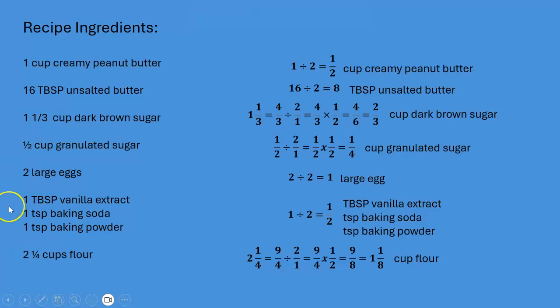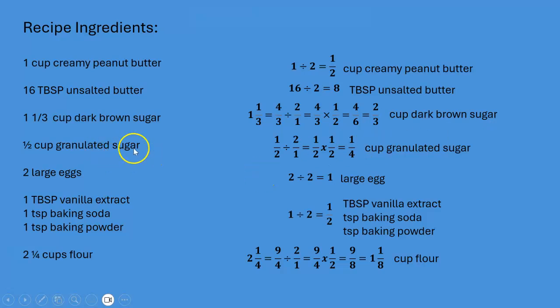So 4/3 times 1/2. We flip the second fraction and we multiply. That gives us 4 times 1 is 4, 3 times 2 is 6, 4/6, which reduces to 2/3 cup of dark brown sugar for a half a recipe of cookies.